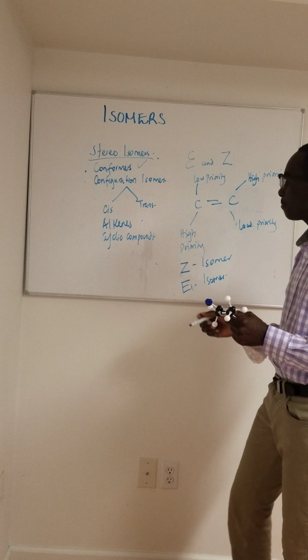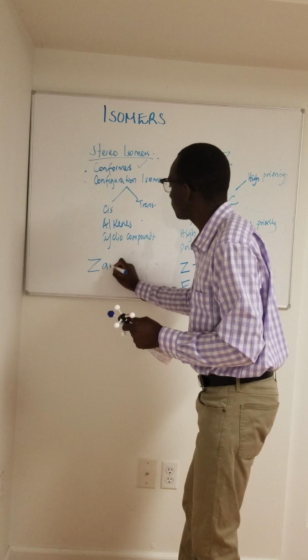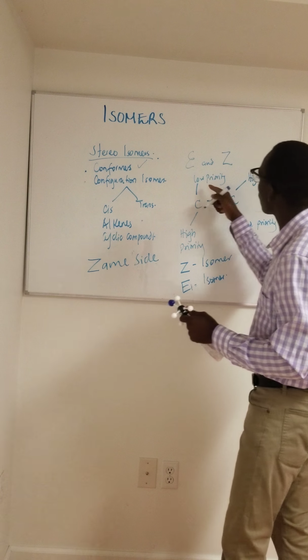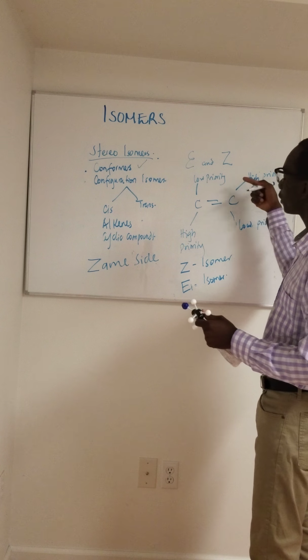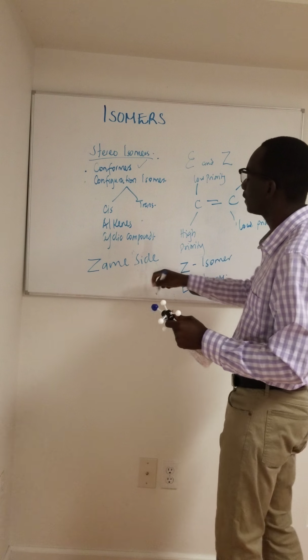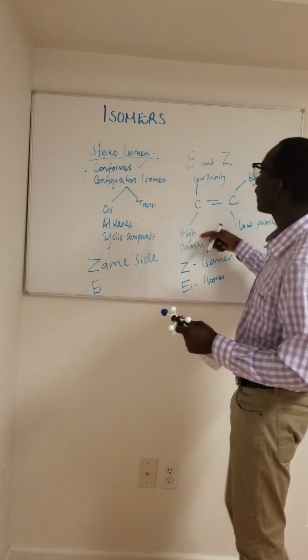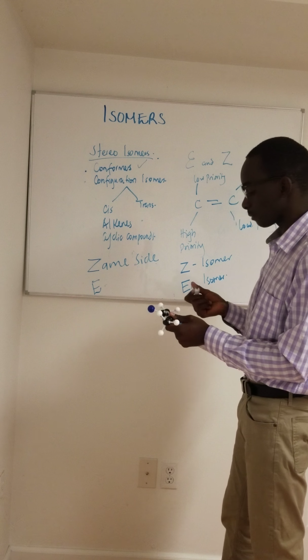So just to remember, Z isomer means same side. If you have high priorities on the same side or low priorities on the same side, that qualifies to be a Z. Whereas the E isomer is when you have low and high mixed together.